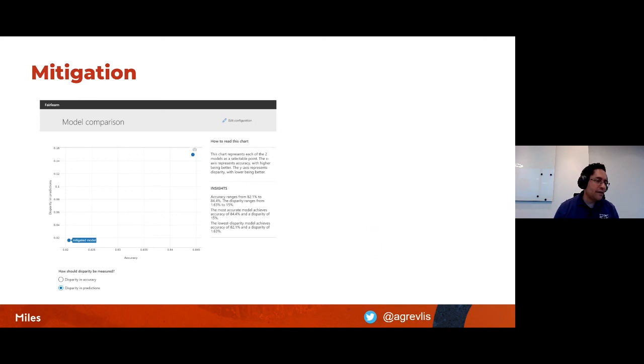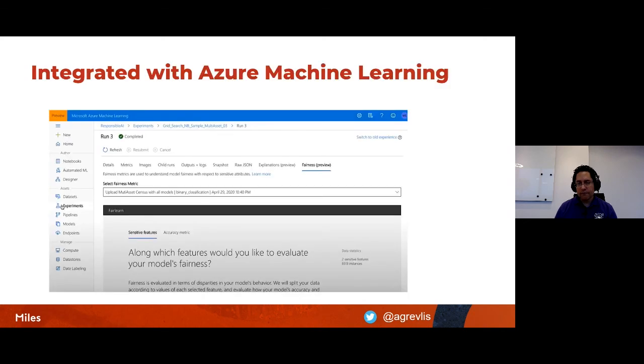We can see that we have to sacrifice some accuracy, going from 0.845 to 0.82. But on the other hand, we have reduced the disparity from 0.16 to 0.02. So if we're fine with that, we can use this mitigated model instead.